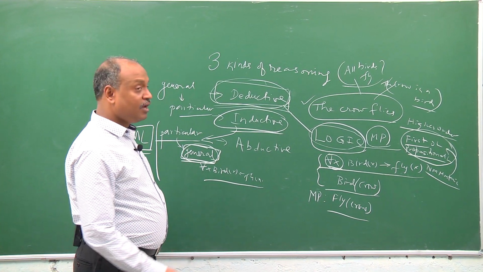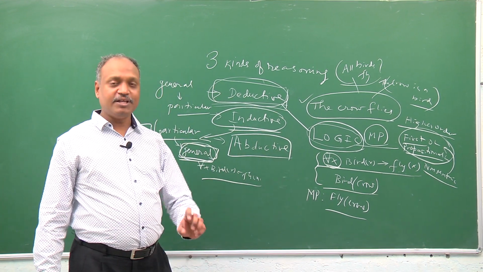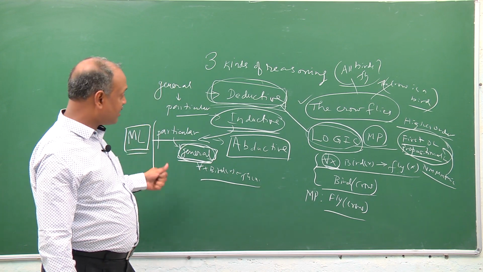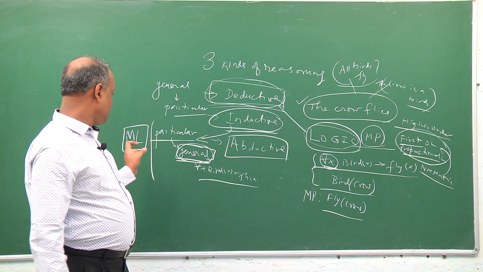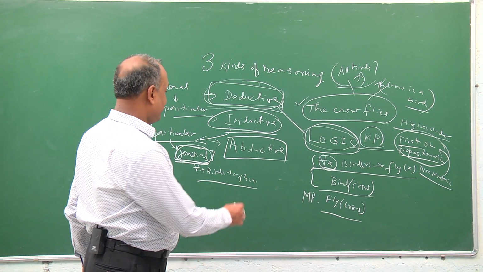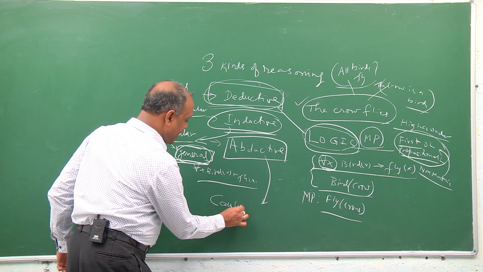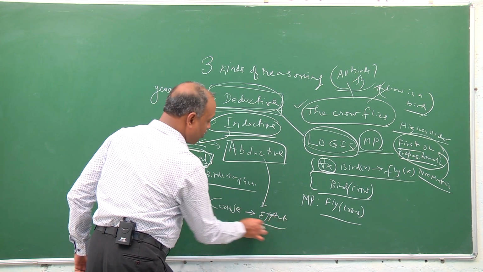The last of this is what is known as abductive reasoning. Abductive reasoning is a third category of reasoning where it's not about going from particular to general or general to particular, but it is of a specific category of problems of the form cause and effect.